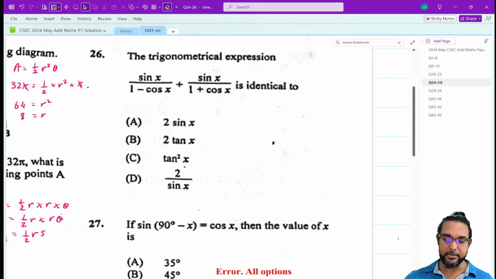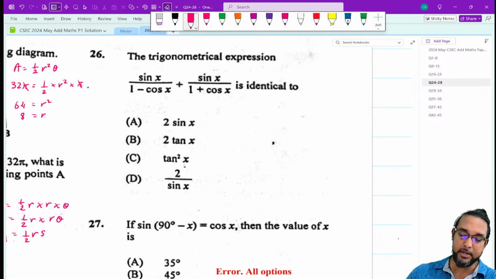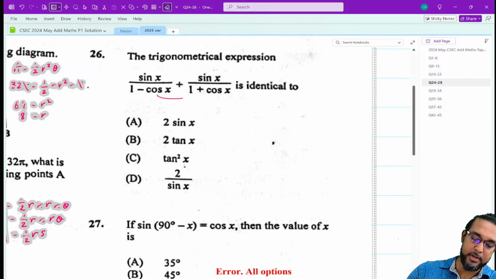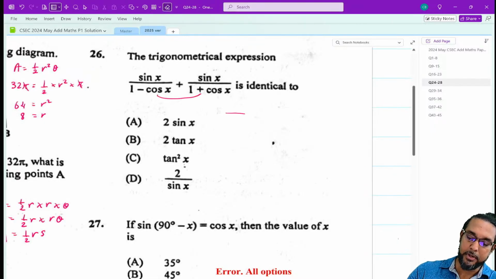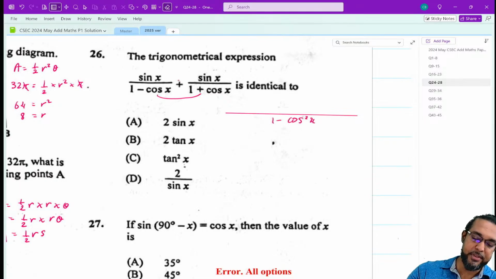26. 26 is a repeat, but I don't like it because, okay, whatever. If you multiply these two things together, what are we gonna get? We're gonna get 1 minus cos squared, right? Which we know turns into sine squared. But then you have to multiply each numerator by the opposite denominator. So sine x by 1 plus cos x. Sine x by 1 is just sine x.